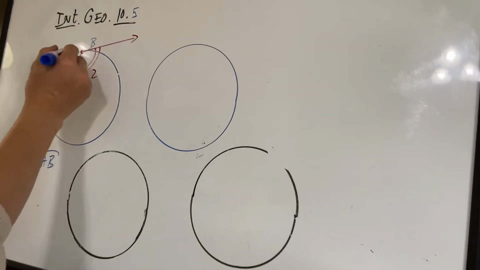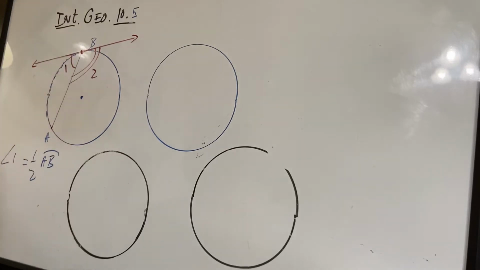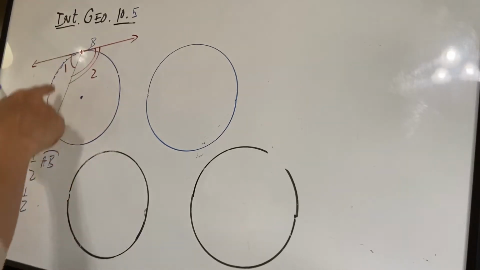Got it? Can you tell what is the measure for angle 2? Angle 2 right here. Can you tell me right away? Yep, angle 2 is 1/2 of the major arc.